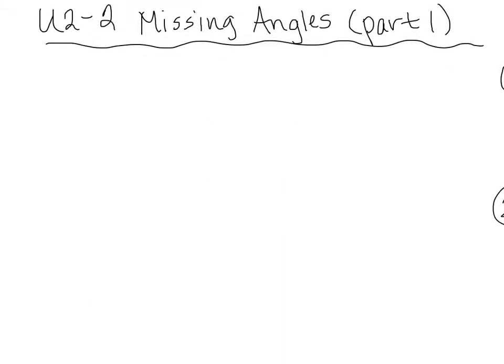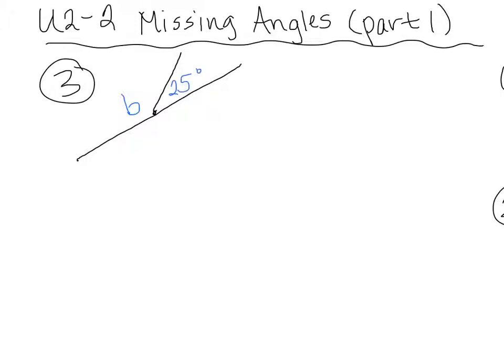Now let's look at a third scenario. Let's say I have a straight line and I have it split into two parts, like this. And this obtuse angle is labeled B, and this acute angle is labeled with 25 degrees.